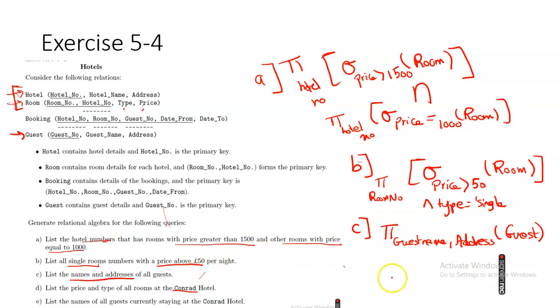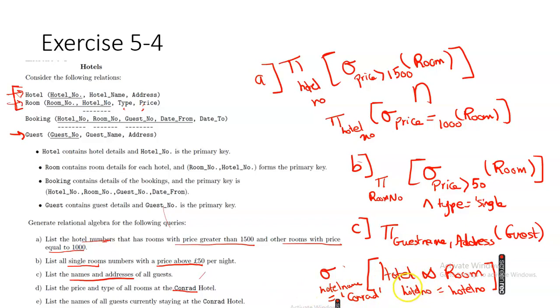So we can make a join or product of hotel with room, and the condition is hotel number equals hotel number. Are we done yet? No, because we want the rows with hotel name Conrad only. So we can select hotel name equals Conrad.